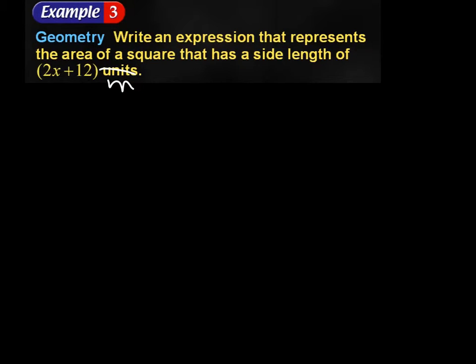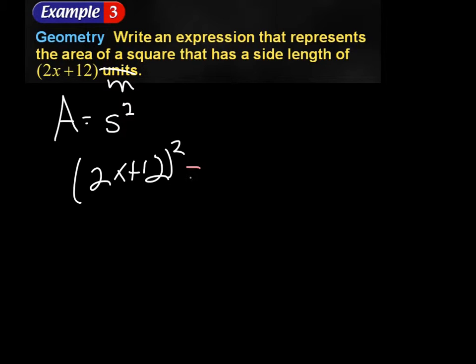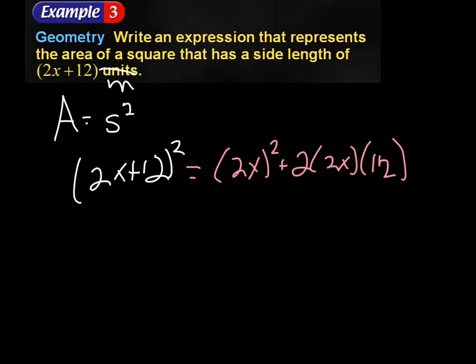Okay, we know how to find the area of a square. If we know the length of a side, we're going to square it. So the length of our side is 2x plus 12, so we need to square it. When we square a binomial, our pattern is first term squared plus 2 times first times second plus second term, you named it, squared.